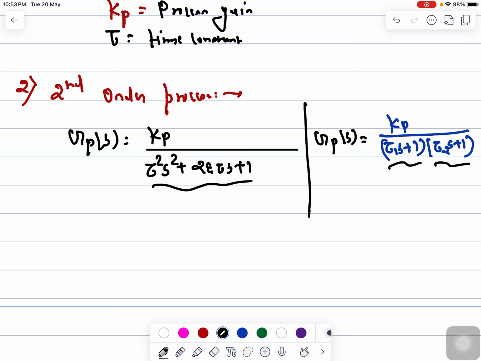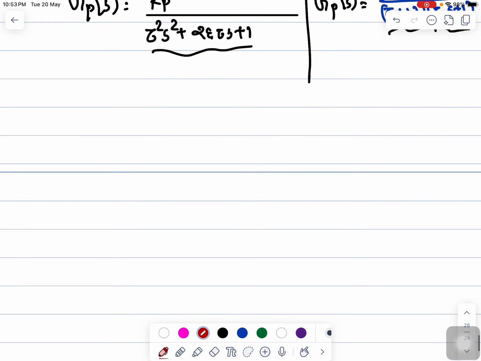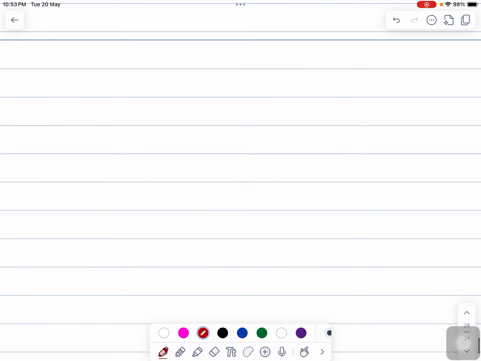So first I'll start with the first order process transfer function with different kinds of input. First I'll be talking about a first order process with a step input. So obviously I have told you what X(s) is.